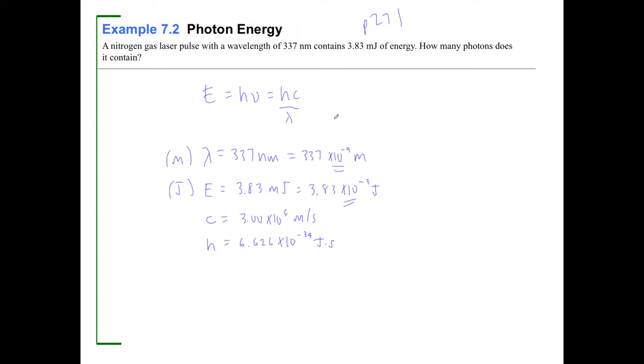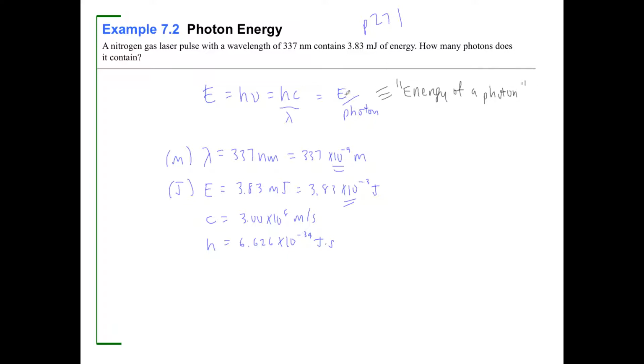Okay, watch this now. I know all these things. And let me also remind you, I said that before, this is the energy per photon. Or I said it differently. I said the energy of a photon. Can you see how these two are the same thing?